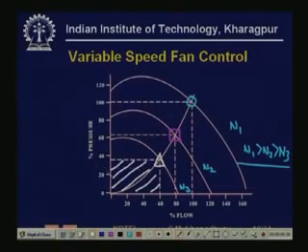So this is the energy for the first operating point, this is the energy for the second, and this is the energy for the third.